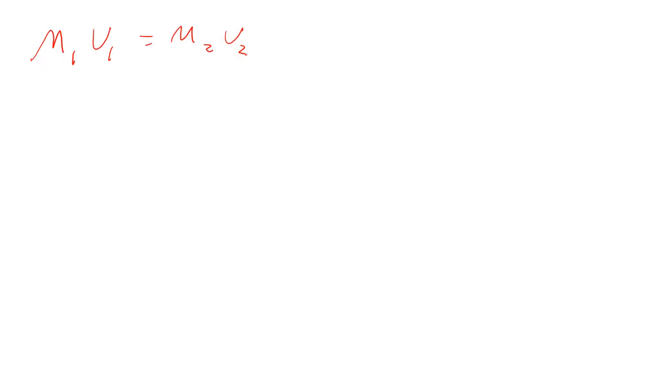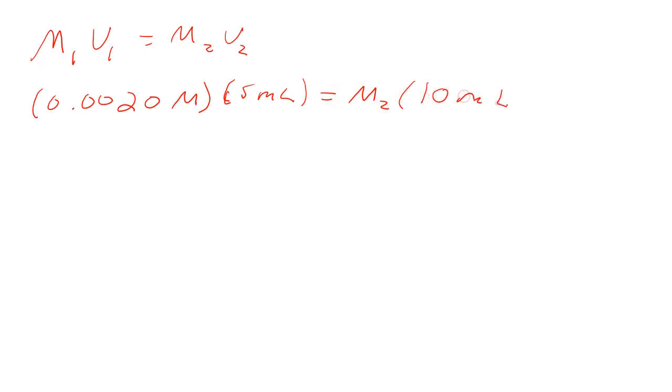Our original molarity is 0.0020 molar. In the table under the procedure, in each test tube, you will see a total of 10 milliliters of solution. In each test tube, you are going to add 5 milliliters of iron nitrate, and dilute this to 10 milliliters using a certain volume of potassium thiocyanate and a certain volume of water.